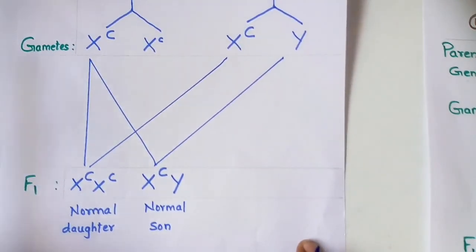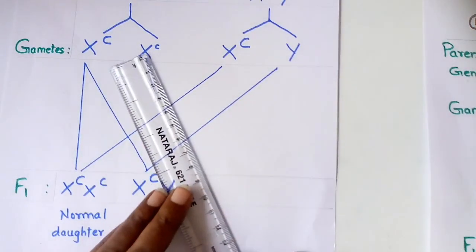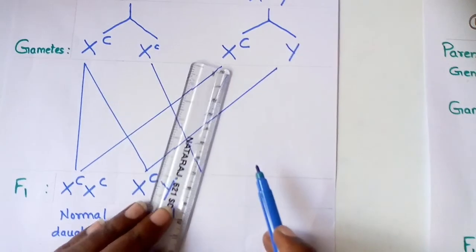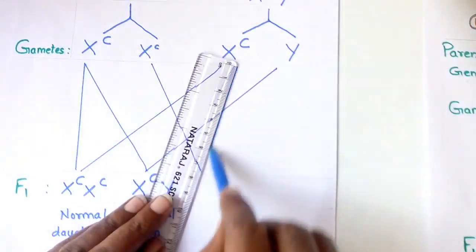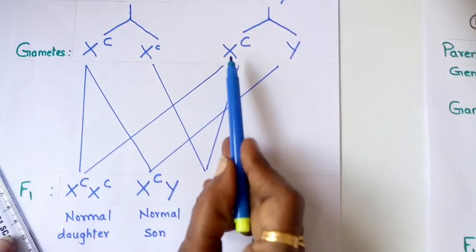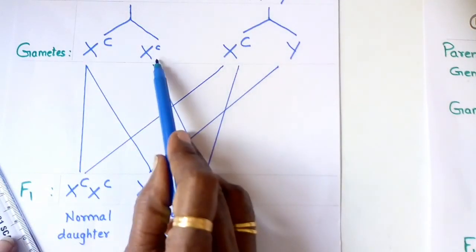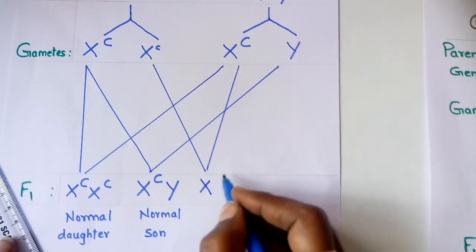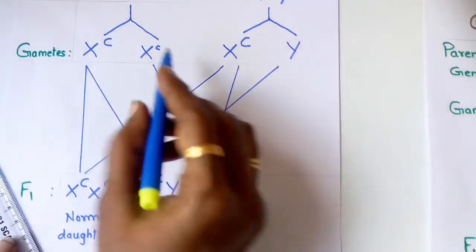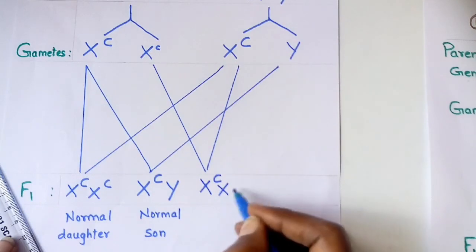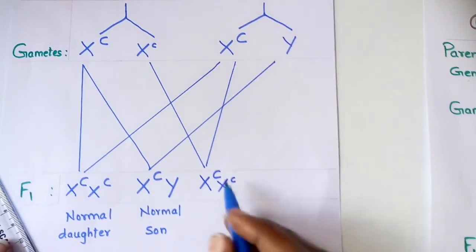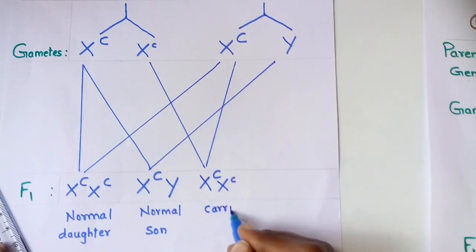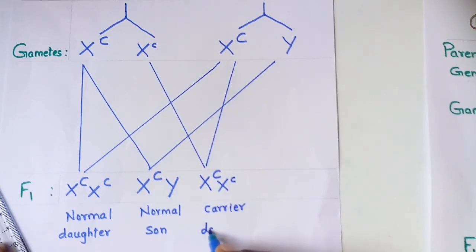Then comes the next cross. This is the female gamete and this is the male gamete. So this is X capital C, this is X small c. First we have to write the capital one and then the small one. So X capital C and small c represent a carrier daughter.